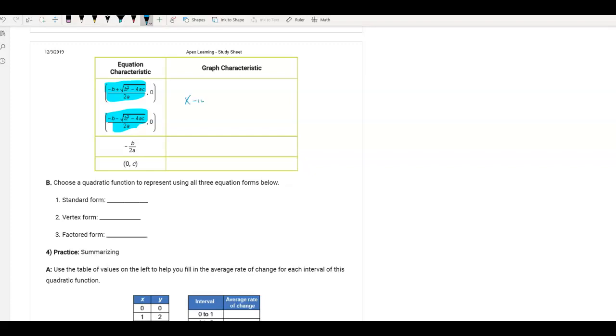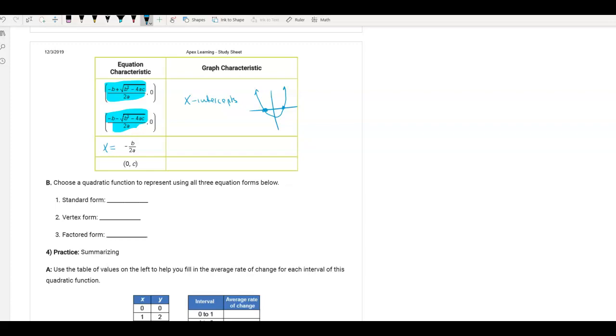Therefore, this represents your x-intercepts. So if you were to graph it, and that parabola would go through the x-axis here and here, these would represent your x-intercepts.